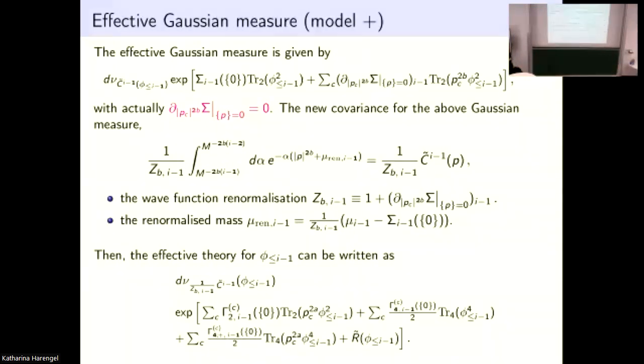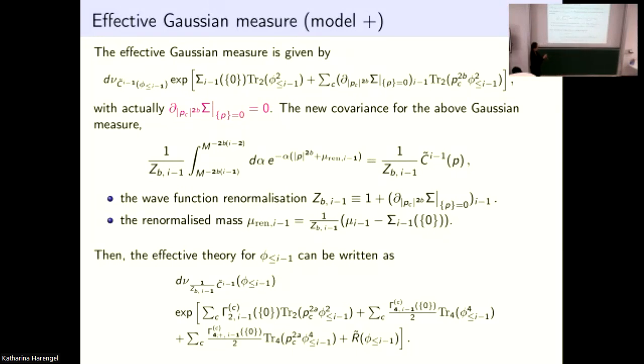So then, I'm continuing with the effective action analysis, but this is standard, so you can just listen and go away. You can identify the renormalized mass in this format. And also the wave function renormalization is given this way.